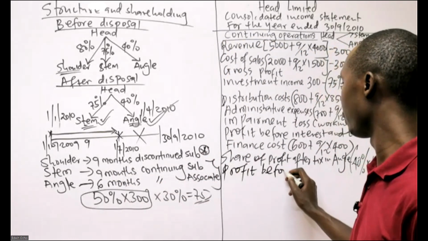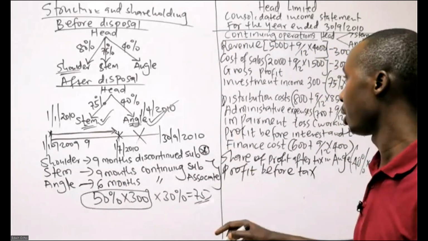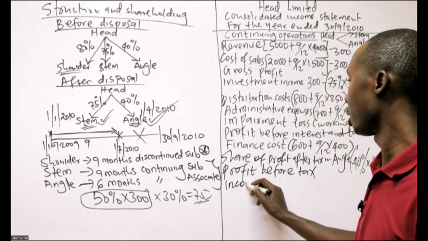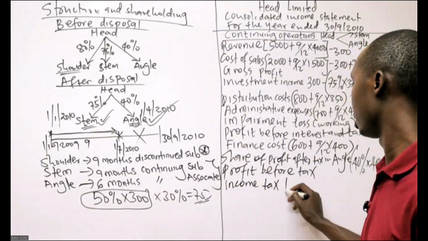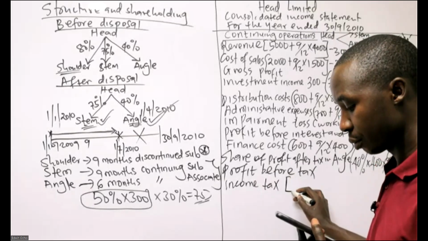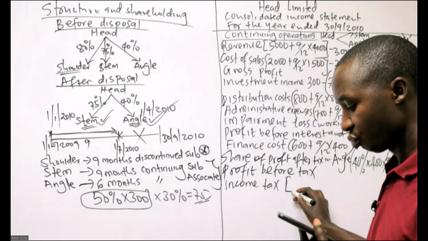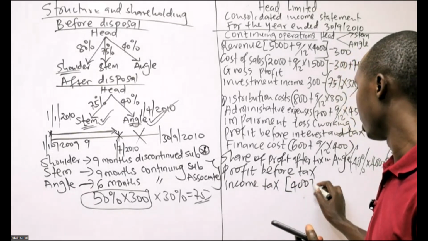So that we say profit before tax, because I have not deducted the tax of the parent and STEM. So income tax to be deducted here of the parent and STEM, which is 400.